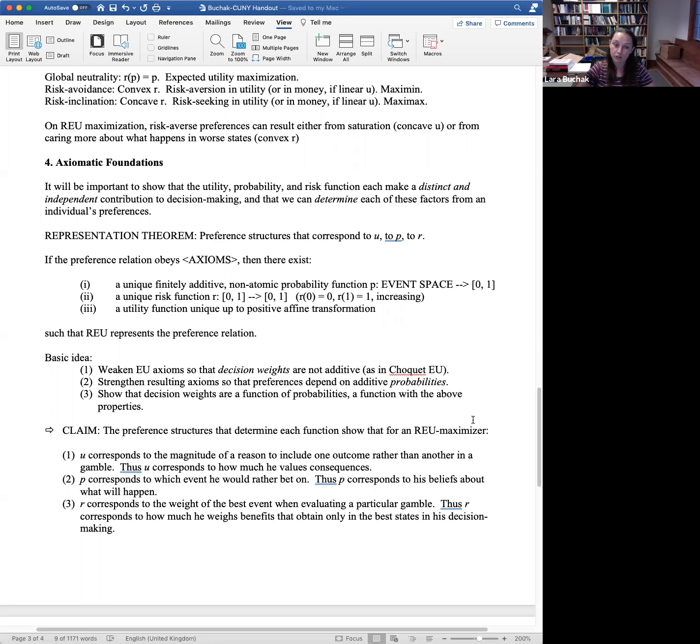The probability function corresponds to which event you'd rather bet on. So E gets a higher probability than F just in case you'd rather the good prize be on E than F. So P corresponds to your beliefs about what will happen. And finally, R corresponds to the weight that the best event gets when evaluating a particular gamble. So R corresponds to how much you weight benefits that obtain only in the best states in your decision making.